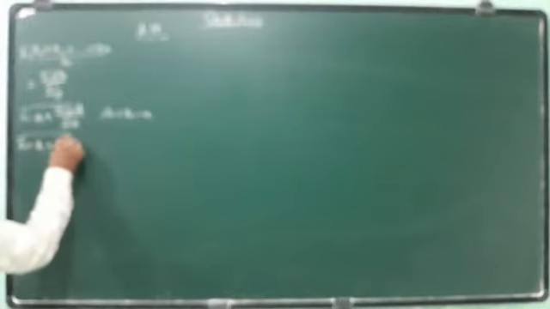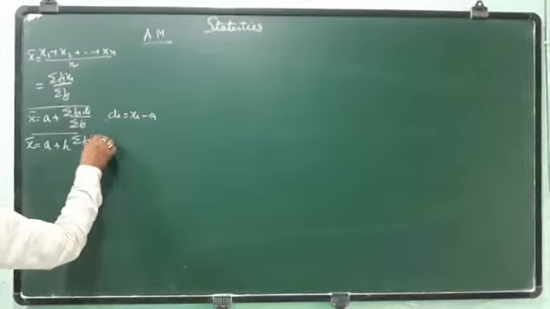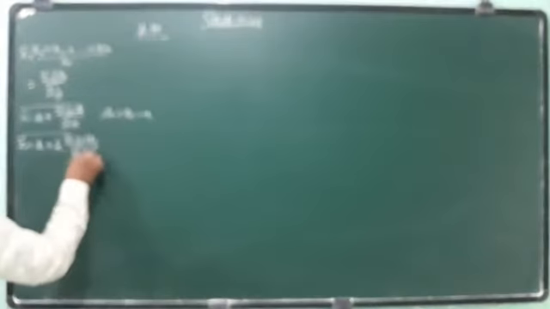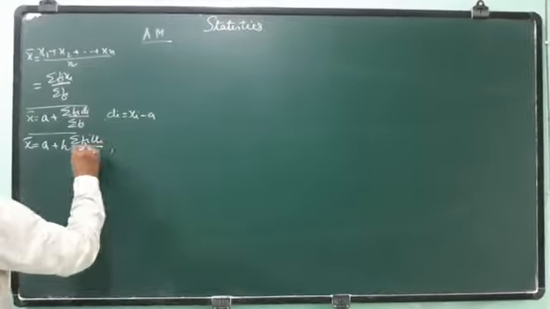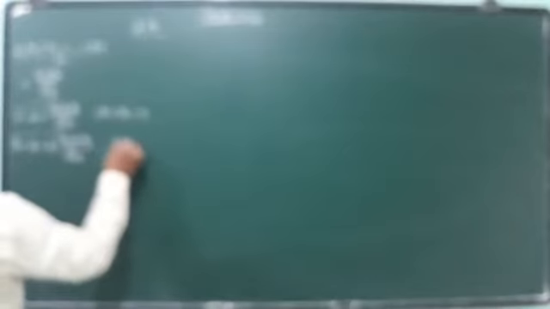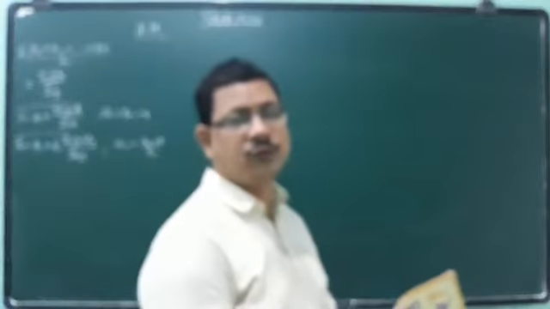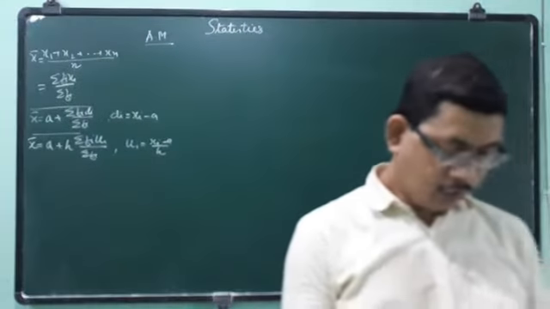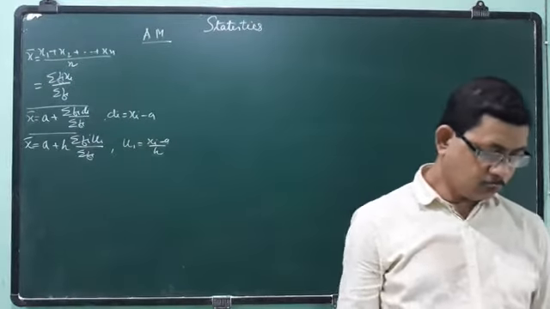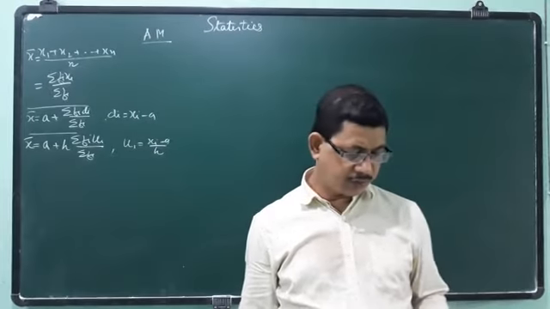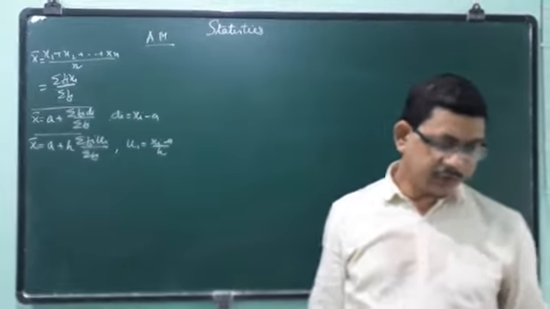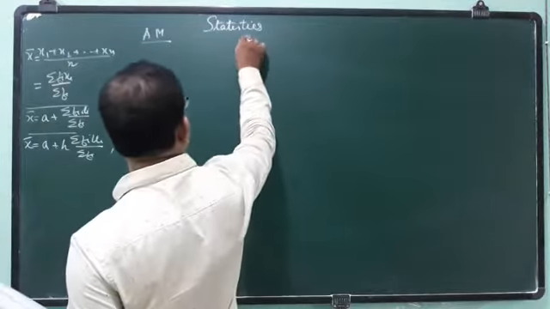Then another method of calculating this is a plus h summation fi ui by summation fi. H is here class interval and ui is xi minus a by h. So this formula we know. We have done up to question number 17. Now exercise 4a.